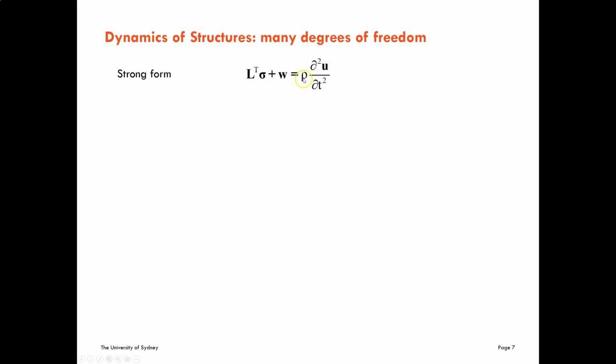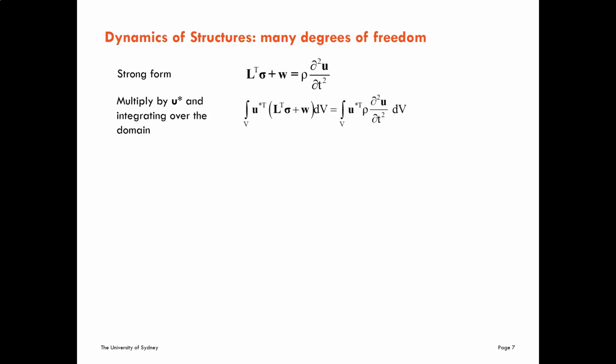So mass multiplied by accelerations is equal to the force due to the stresses plus the force due to the body forces. So U is the displacement of the structure, that is a vector. So as before, to get the finite element formulation, we need to multiply by the virtual displacement and integrate over the volume of the structure, the volume of the domain. This is the weak form.